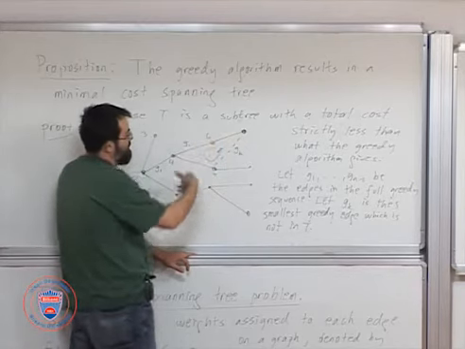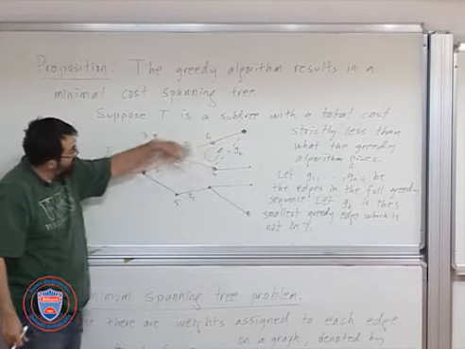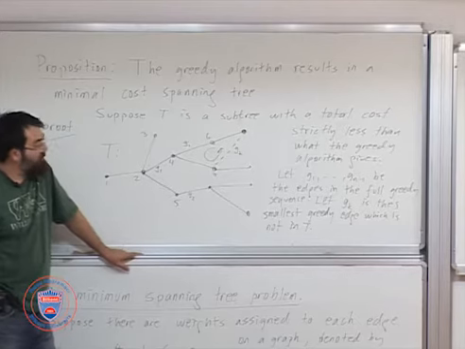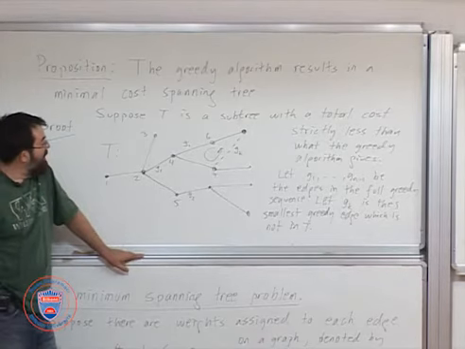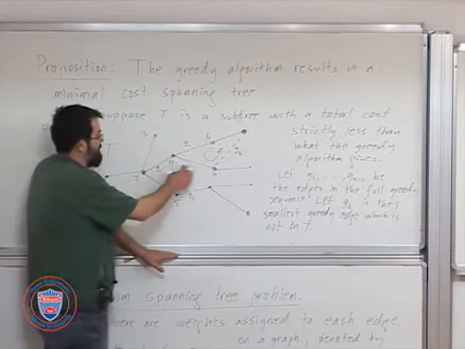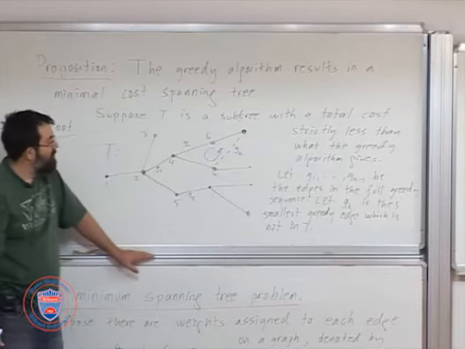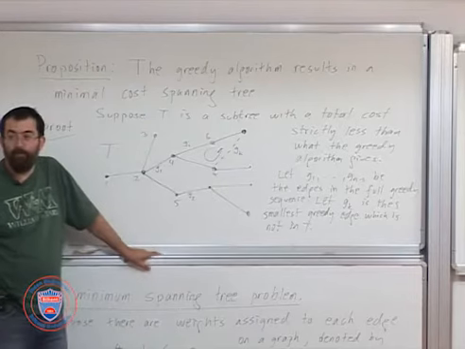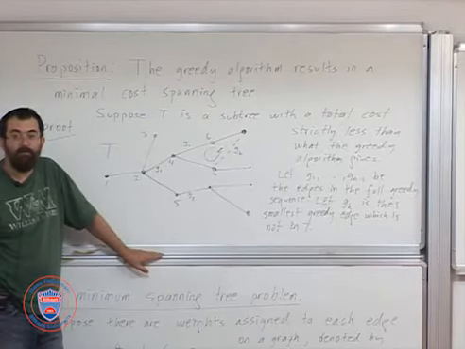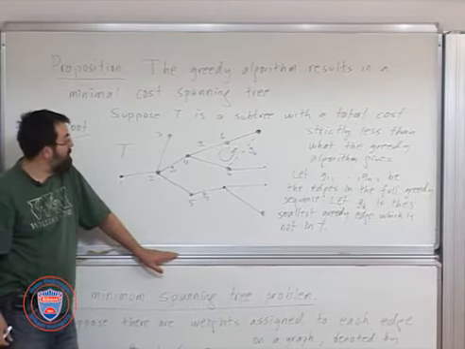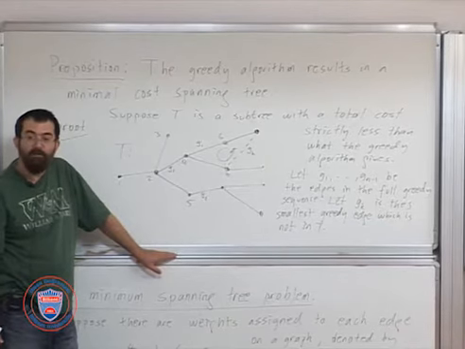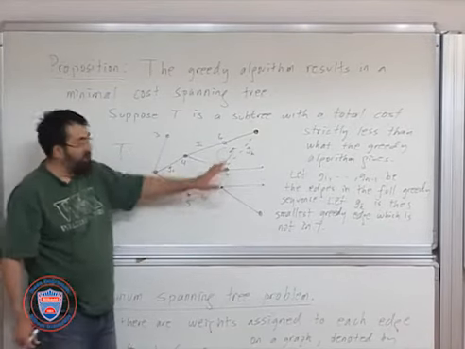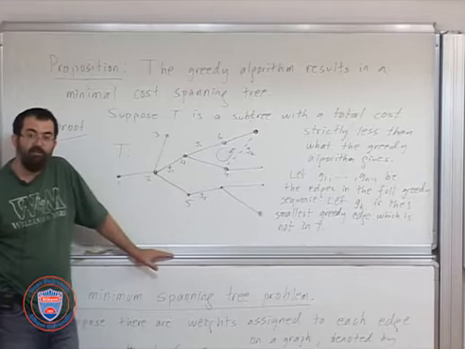But if you look at the cycle, I'm claiming that one of the edges will have cost more expensive than the greedy one. Are we supposing that GK is greedy? GK is greedy. All the GIs are greedy.